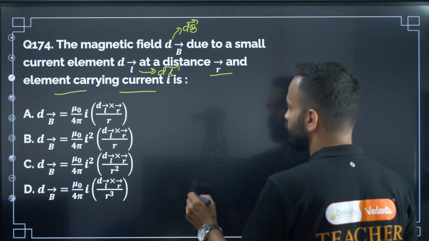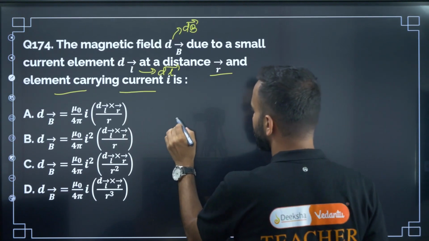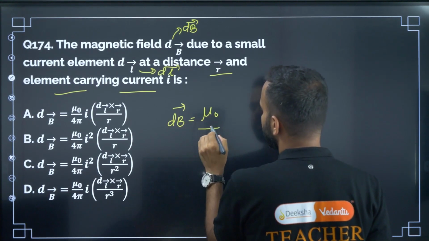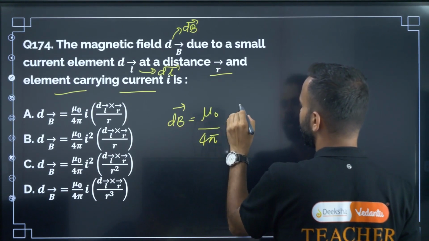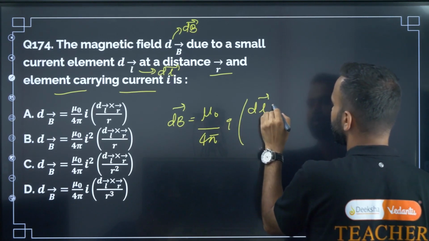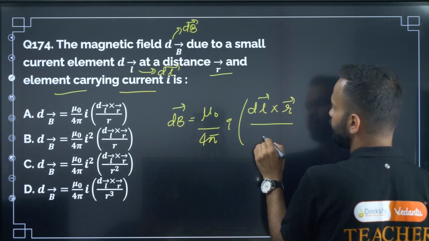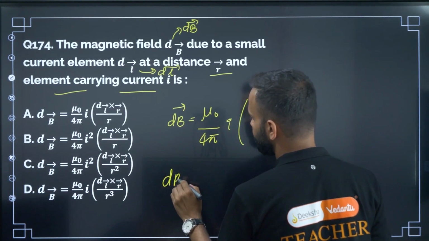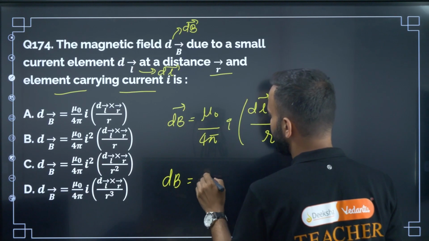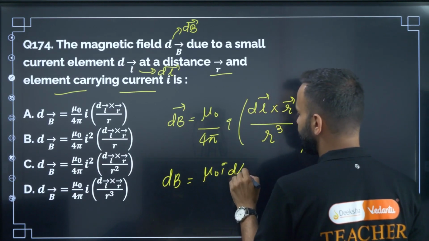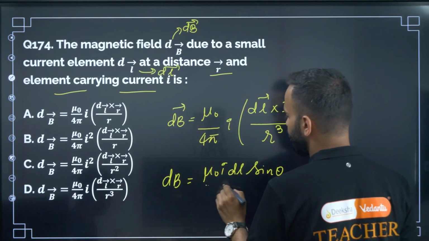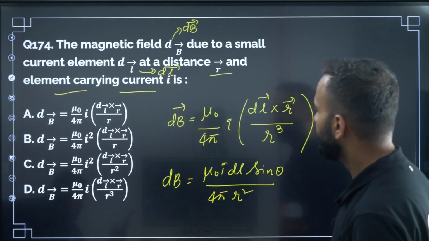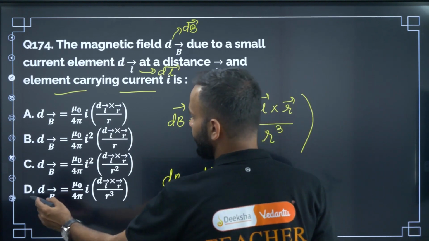According to Biot-Savart's law, dB vector = mu naught / 4 pi into I into dl vector cross r vector divided by r cube. In magnitude, I can write this as dB = mu naught I dl sin theta / (4 pi r square). So the correct option is D.